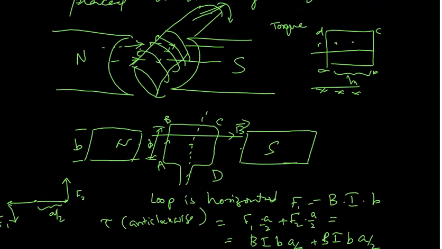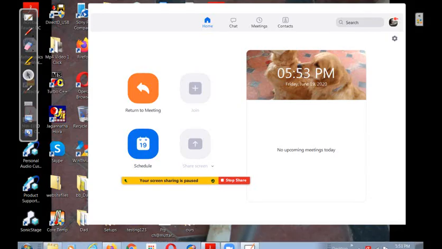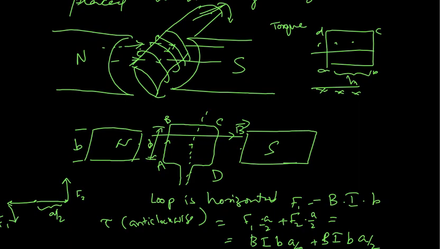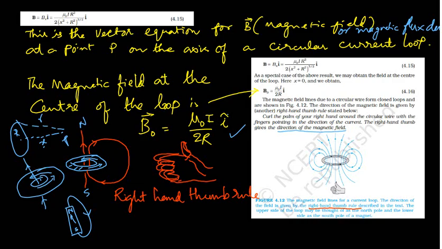Okay. Now coming back to where we started. So we started where we left off the other day. Biot-Savart law gave the expression for magnetic field intensity or magnetic field density at a distance of x from the center of the loop.